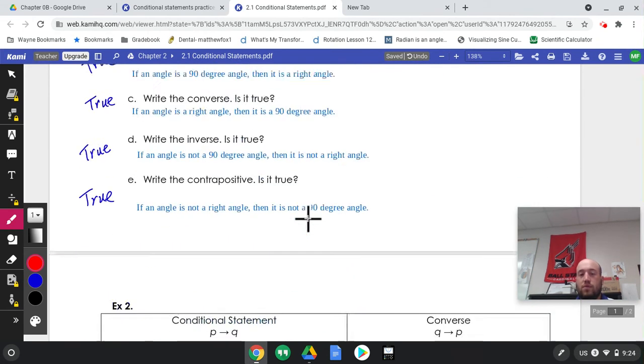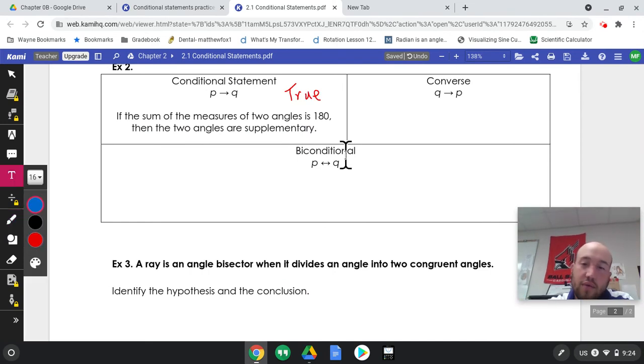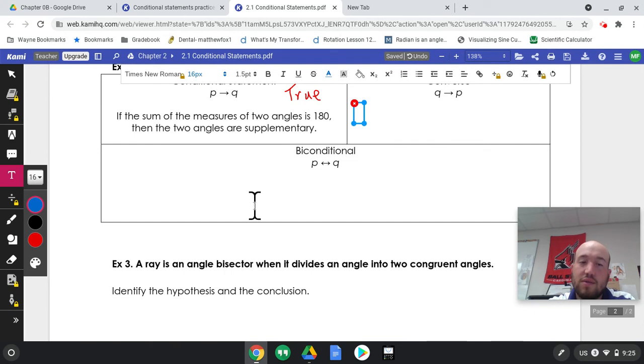So if we scroll down here, here's our original conditional statement. It says, if the sum of the measures of two angles is 180, then the two angles are supplementary. So true or false, and hopefully you know that is true. So now we will write the converse. The converse is when we flip them.